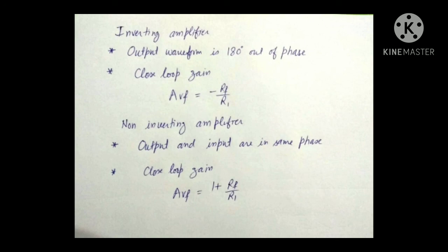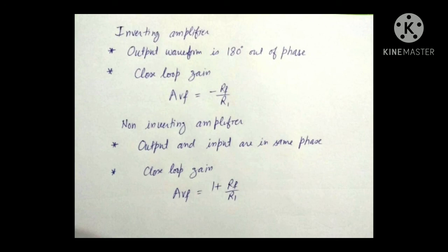On the other hand, in the case of non-inverting amplifier, the output and input are in same phase, and its closed loop gain is given by AVF is equal to 1 plus RF by R1.